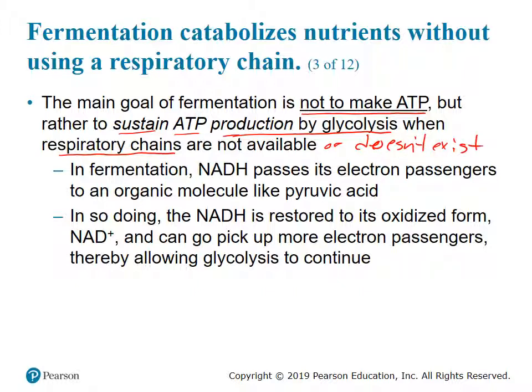Okay? It's just to continue the process of glycolysis. Yes, you need ATP, but that's not its main goal. It's just to continue glycolysis.